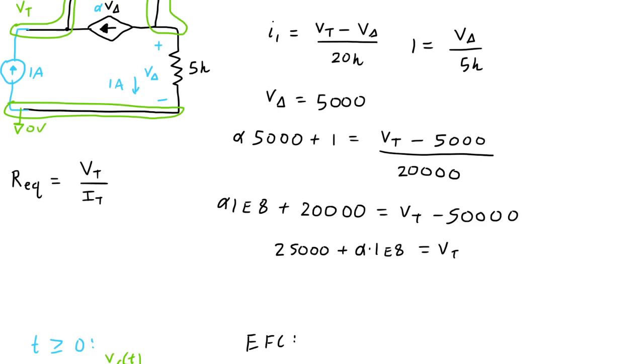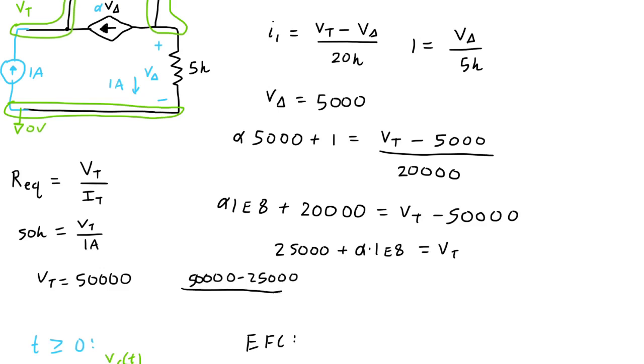So VT is going to be the R equivalent. If R equivalent is 50 kiloohms, like we calculated earlier, and IT, the test current, is 1 amp, that means that VT equals 50,000. So if we do 50,000 minus 25,000 divided by 1E8, we should get alpha, unless I made a mistake.